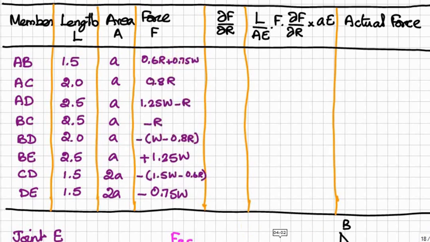Okay, so we have entered all their values so that we can differentiate this expression with respect to R. So here 0.6, 0.6, here 0.8, here -1, here also -1, here plus 0.8, because minus minus plus.